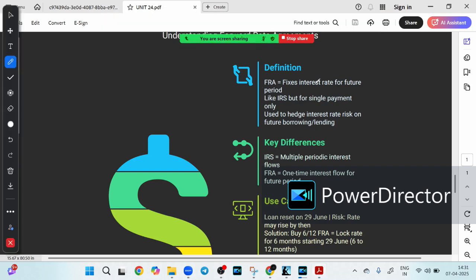So if you are worried that interest rates will rise in the future, and you have just taken a loan, then you can go into an FRA, right? It's just like an IRS but for a single payment, not a series. So it is mostly used to hedge interest rates on future deals, right?